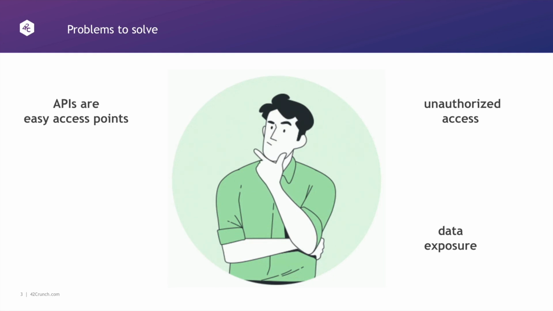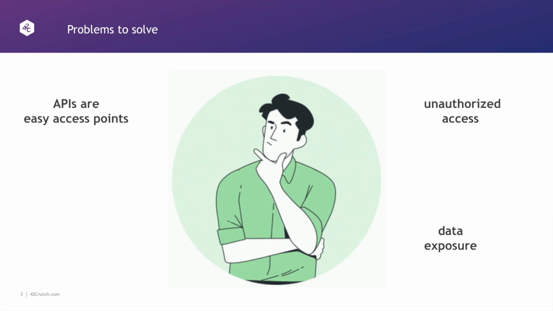Almost anybody now can pick up a tool like Postman or Burp Suite and generate an API test and just start hammering your APIs for vulnerabilities. And there are so many free courses now advertised as teaching about OWASP vulnerabilities, but they're also teaching people how to hack and penetrate your APIs.